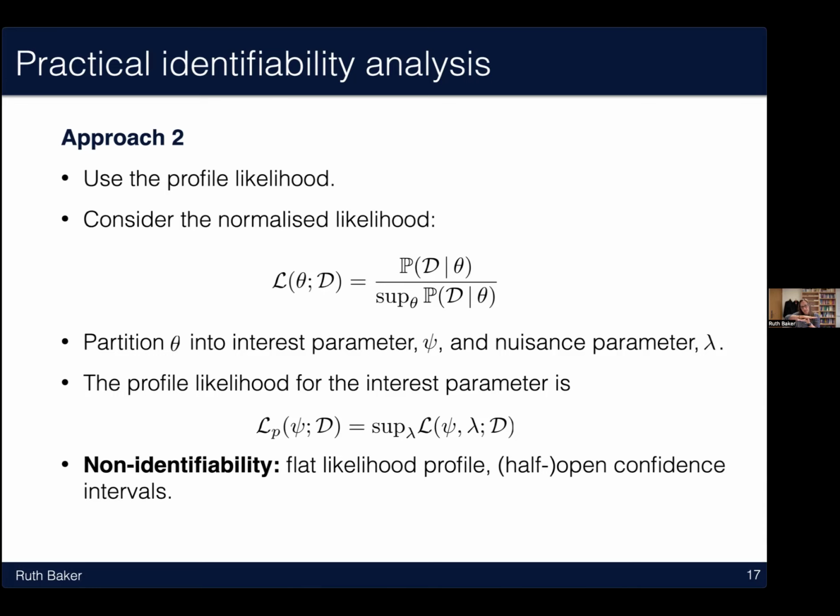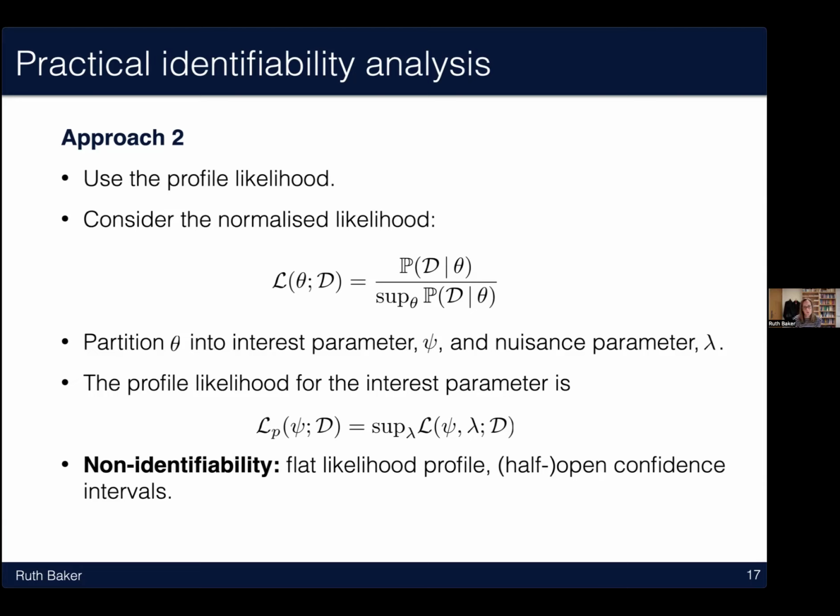The idea is to scan over a grid of values of the parameter that you're interested in, and to maximize the likelihood over all of the rest of these nuisance parameters. That gives you a plot of what the profile of the likelihood looks like as you vary that parameter. Then non-identifiability can be characterized by seeing things like flat likelihood profiles. And here's where you can begin to put a firm notion of identifiability, because you can define confidence intervals.